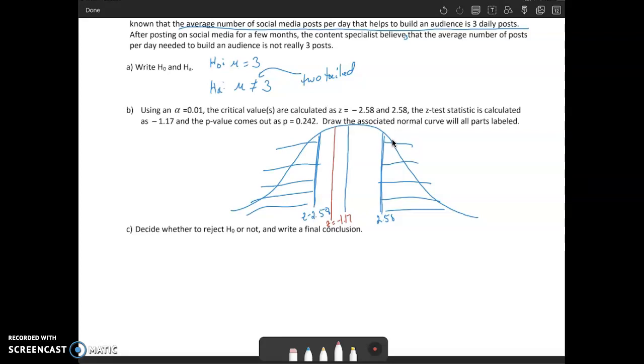Okay, so now we have to decide based on all of this whether we should reject the null or not and write the conclusion. So let's look at it both ways. The first way we look at it is I see that the test statistic does not fall in the rejection region.